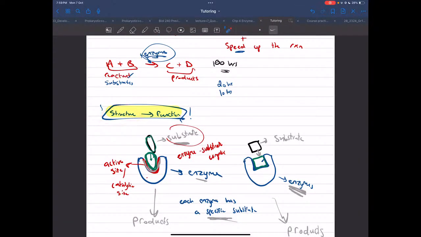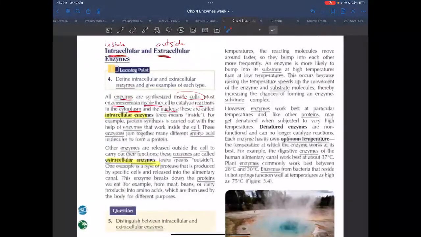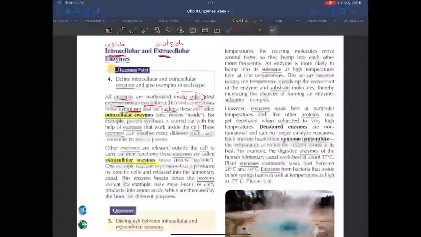And once the structure of an enzyme is disrupted, what will happen to its function? No more function. Okay, so that's why I told you structure is really important for function. If I put a really high temperature, I can disrupt the structure of my enzyme, and once I disrupt the structure, I'm going to affect its function.